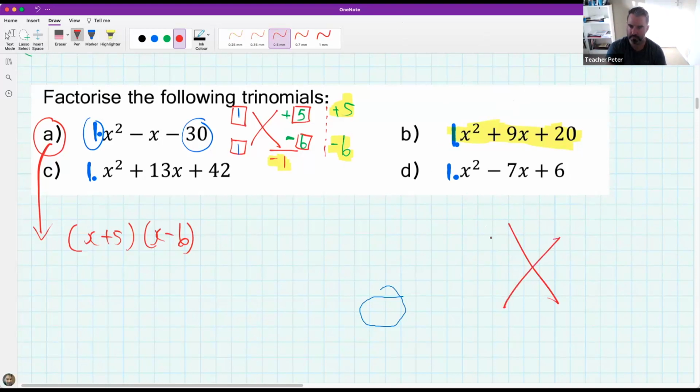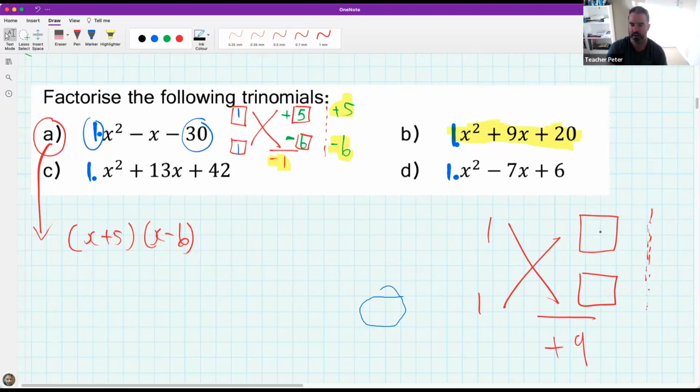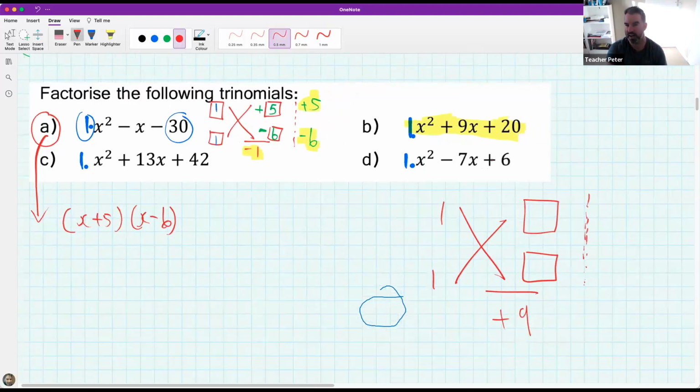So we're doing B, and the good news is it can only be 1, and that can only be +9. So now the question is, what has to go in those boxes to help me? And it's either going to be 5 and 4, or 10 and 2, or 20 and 1. And because we want to get a +9, I think all of you will be drawn to the 5 and the 4.